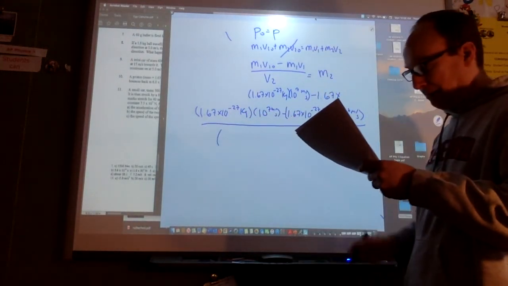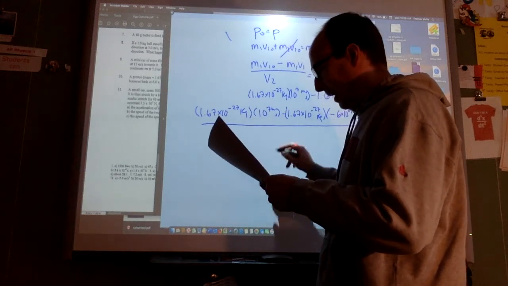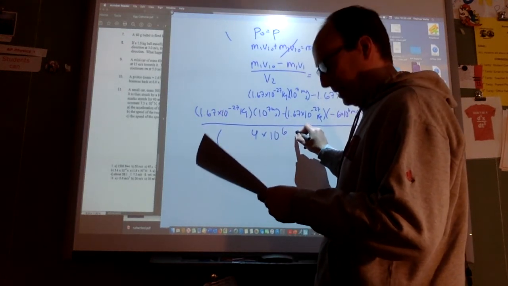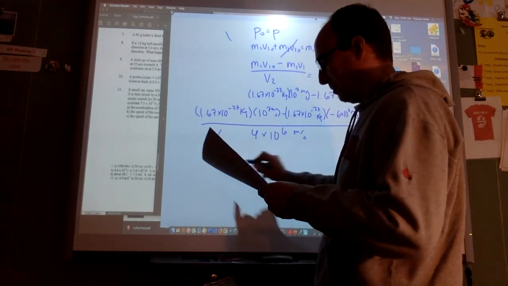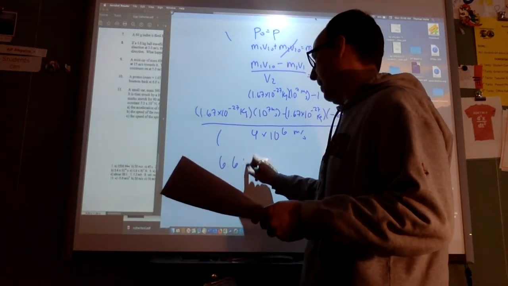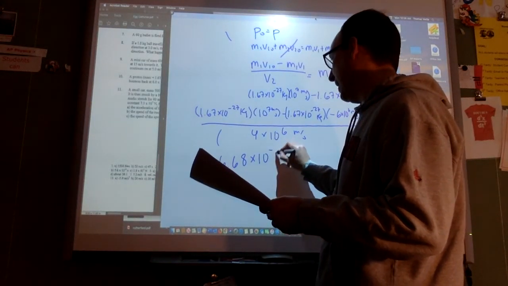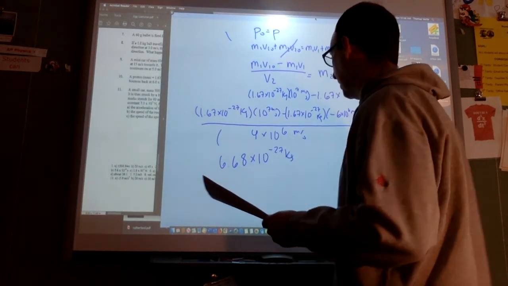And I'm going to divide by how fast the other one goes off. And we said that was 4 times 10 to the 6th meters per second. And so the mass of this unknown object is 6.68 times 10 to the negative 27 kilograms.